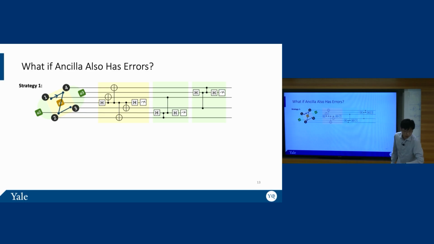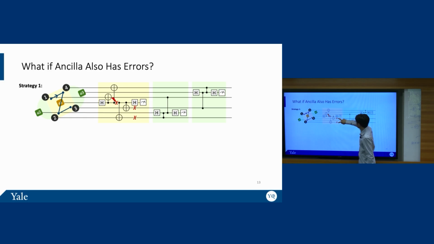As an example, let's see what happens if there is an X flip error on my ancilla qubit A1 at this moment in time, say between the second and the third CNOT gates of the first check. Let's say an X error happens here, and according to this rule of commutation relations between X and CNOTs, we can see that it will propagate to the target qubits like that, and it also commutes through the target.